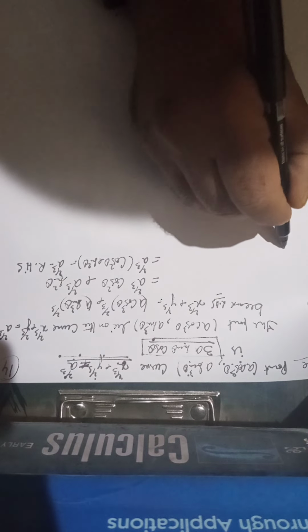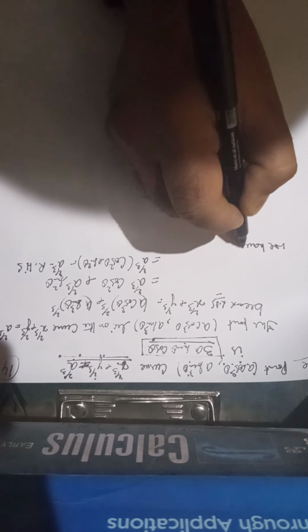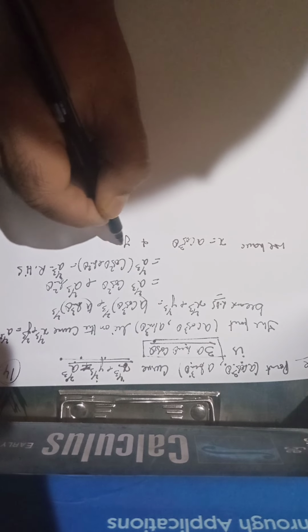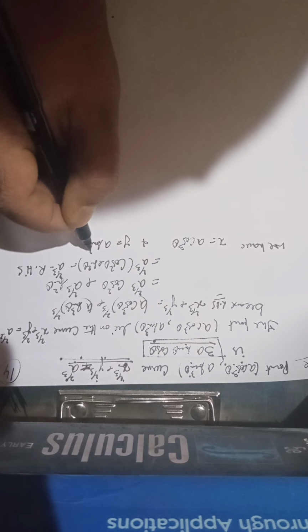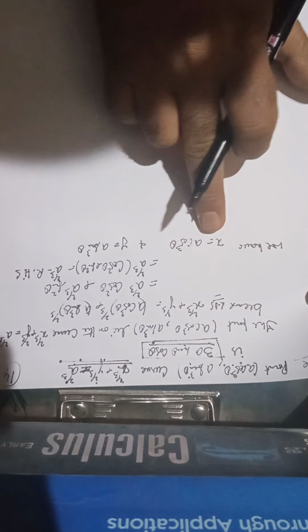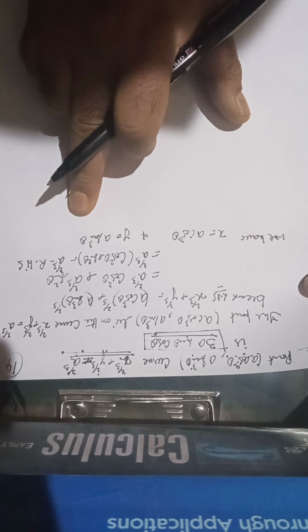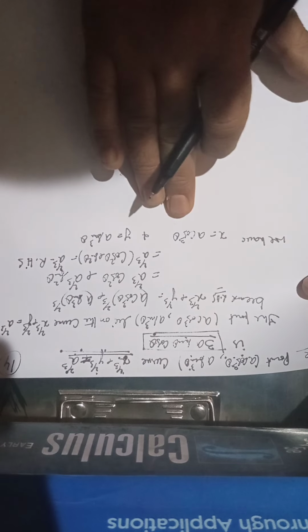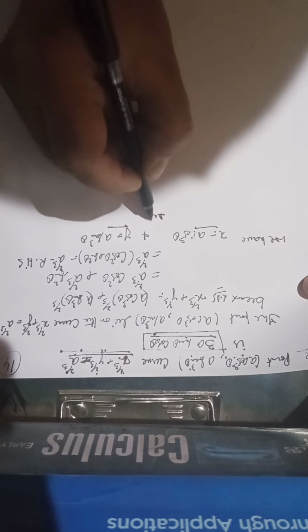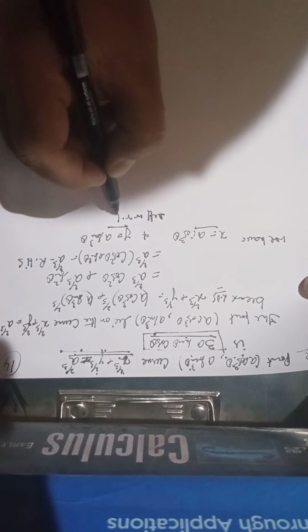So we have x equal to a cos³ θ and y equal to a sin³ θ. This is the point, and it always satisfies this curve. Therefore we have this. Now we have x and we have y, so let me differentiate with respect to θ.